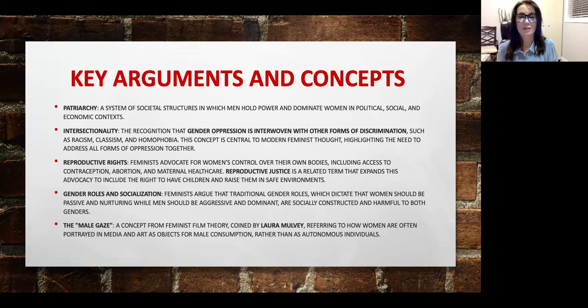Reproductive rights is another key argument. As I mentioned, reproductive rights were gained one piece at a time, over many, many years.